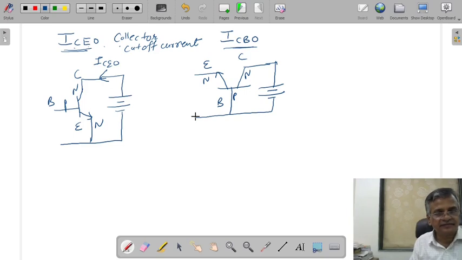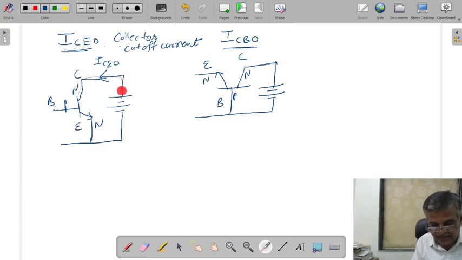Look carefully. When the collector is kept in reverse bias and the base is kept open, then the current flowing from collector to emitter is called leakage current, ICEO. Listen again.